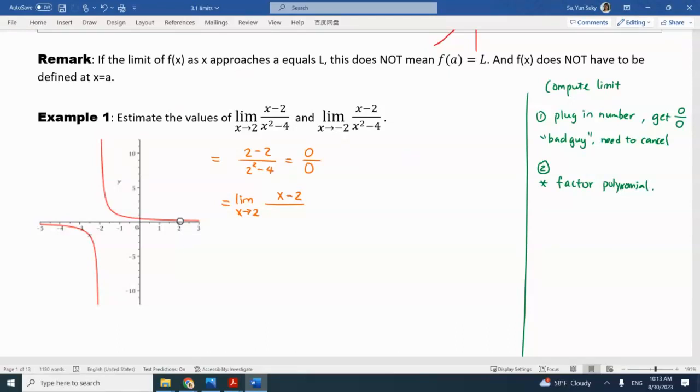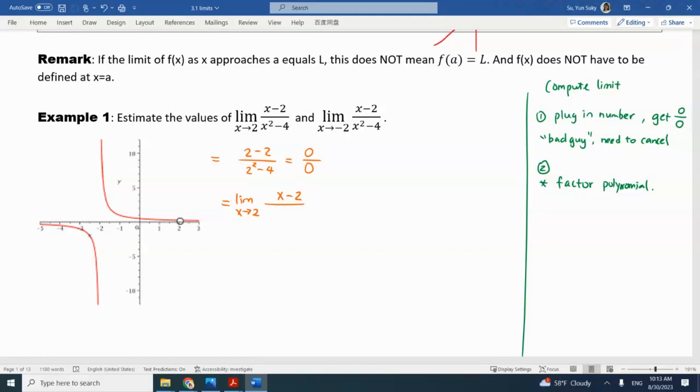Because the problem says x goes to 2. The problem is asking, what is the limit of this function as x approaches 2? That's why we plug in the 2 and see what happens. But if we get 0 over 0, that's weird because we don't know what 0 over 0 is. So we need to do more.